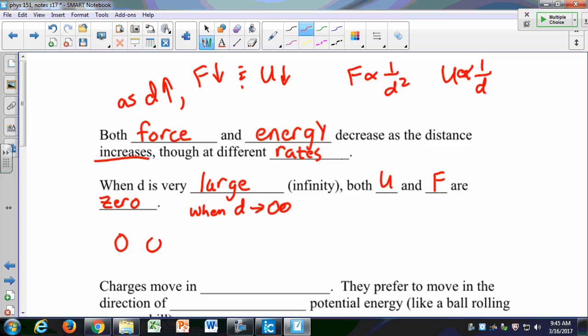If I have two charges right here, they feel forces in this direction. Say this one's negative, this one's positive. As I move them farther and farther away, like my negative is here, my positive is over here, the force is basically 0 because I've increased my distance so much. So when you move those things apart, they don't feel any force, and because they don't feel any force, there's no potential energy. Right? An object that feels a force is one that has potential energy because it has the potential for motion.